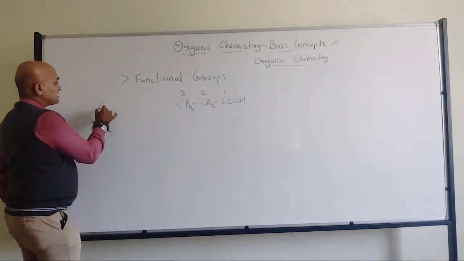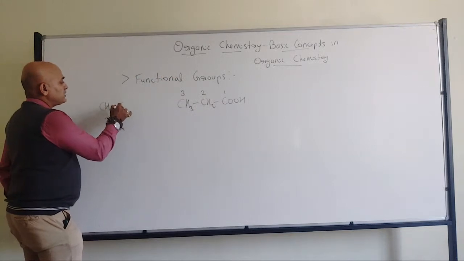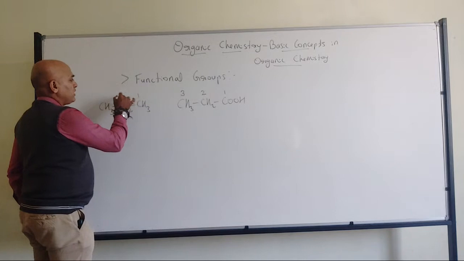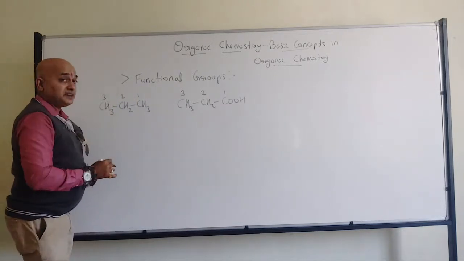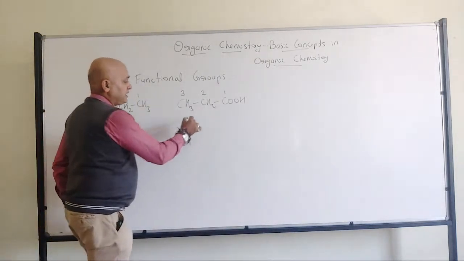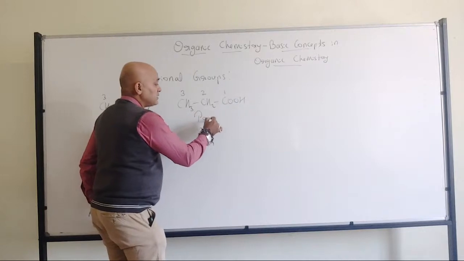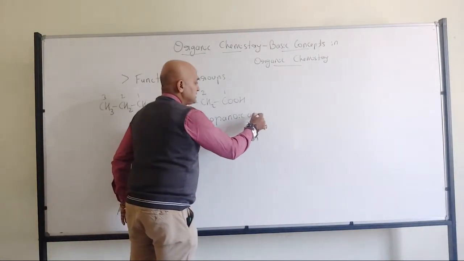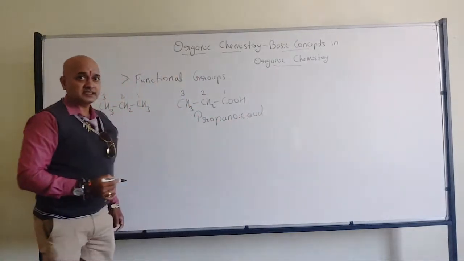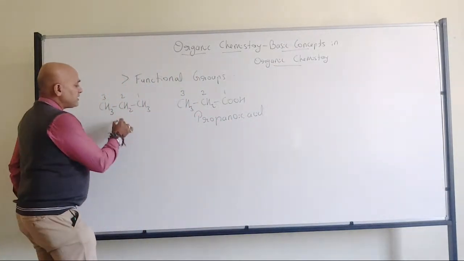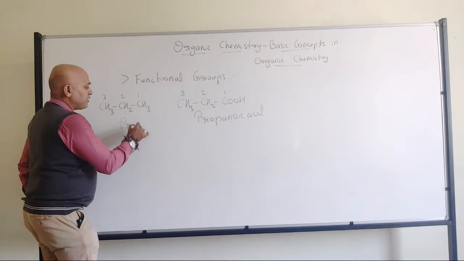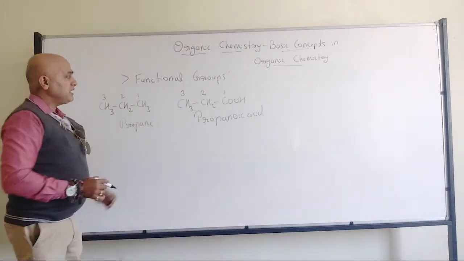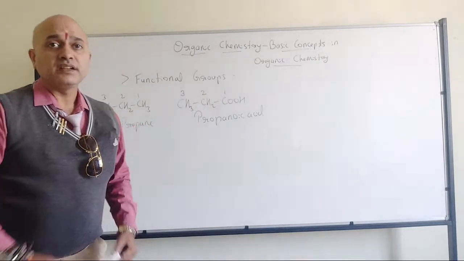If you recollect, when we discussed propane, propane also had 3 carbons. 1, 2, 3. Right? So it is a propane derivative. So we will call it propanoic acid. Because it is derived from propane, where e will be replaced by oic acid.